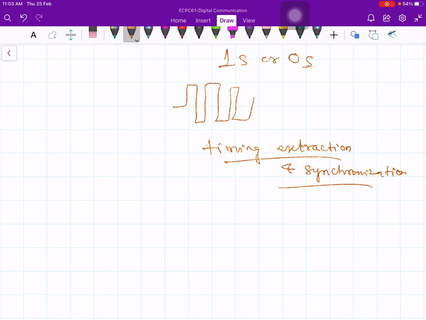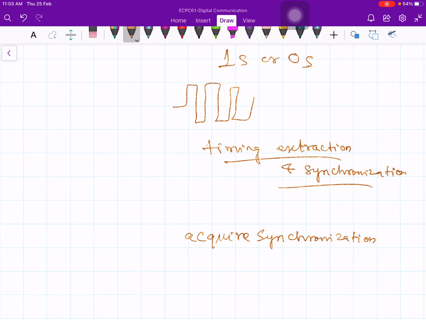We don't lose our timing synchronization, because we have discussed earlier that when we get a long string of ones and zeros, there is a distinct possibility that we may lose our synchronization for some time. Eventually, we will end up with a problem in decoding. Therefore, we will have to acquire synchronization again.